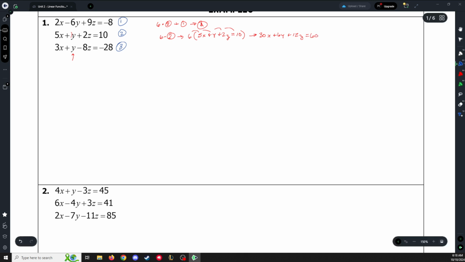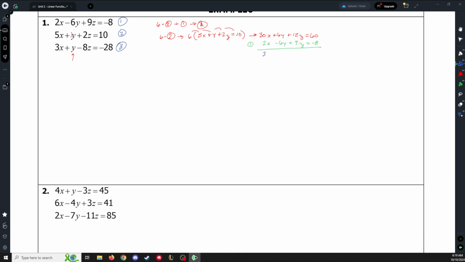And then if I take number 1 here, I can put number 1 beneath it, and this is going to be 2x minus 6y plus 9z is equal to negative 8. And now I told myself I want to add them, so I'm going to add down the columns.